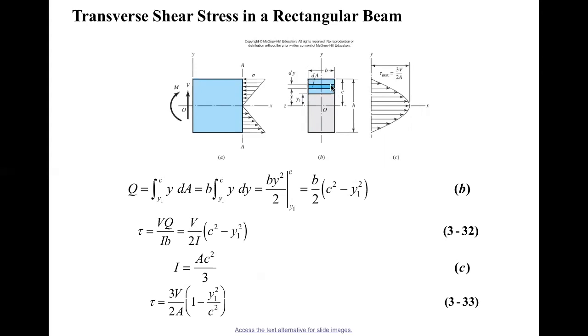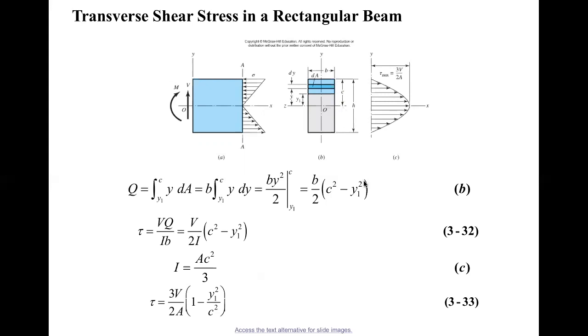So you look at this area, say the y value changes from y to c. This is how we find the Q. So Q equals b over 2 times c squared minus y1 squared. C is the maximum height.